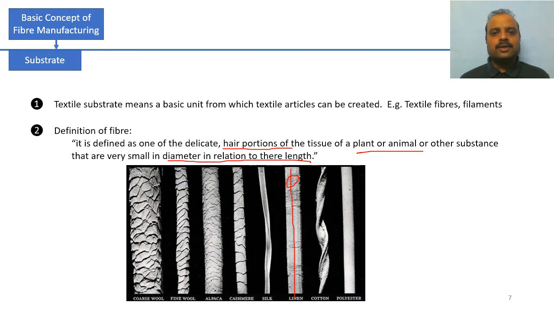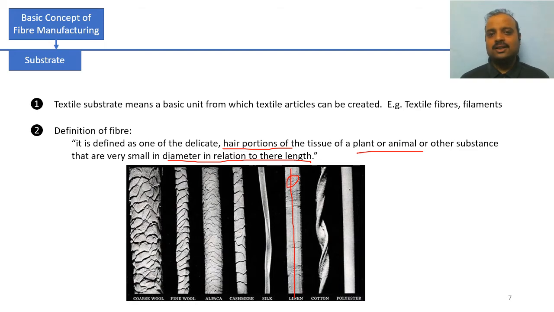Fiber is extracted from plants as well as animals, as we are all aware. Hair of a sheep is referred to as wool fiber, extracted from the animal. In cotton, fibers grow on the seeds, similar to hairs, and this hair portion of the seed is extracted from the cotton plant.